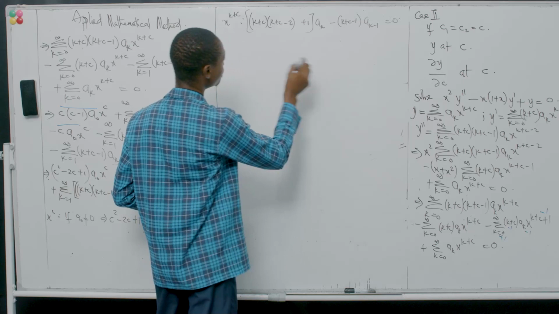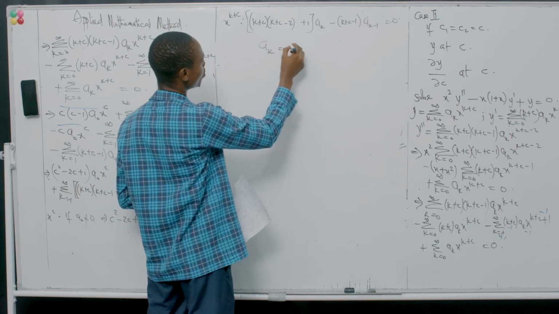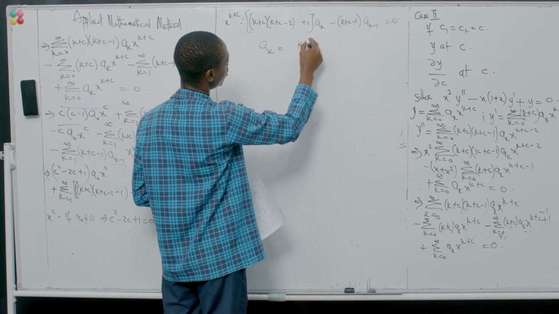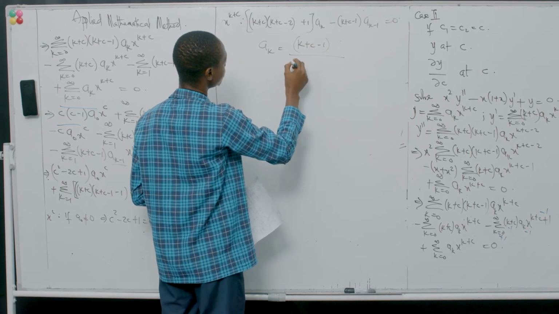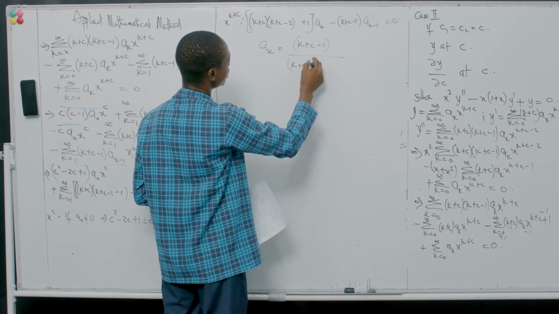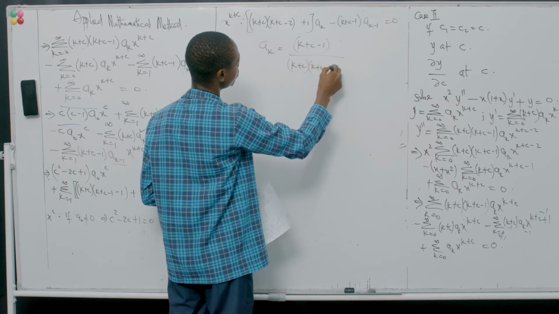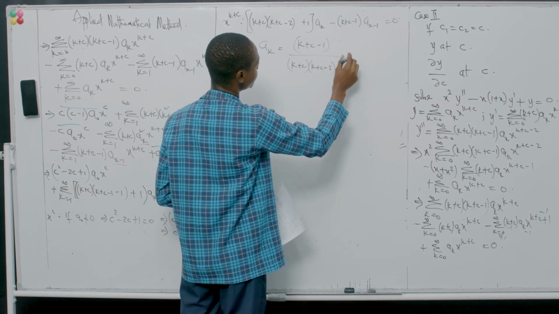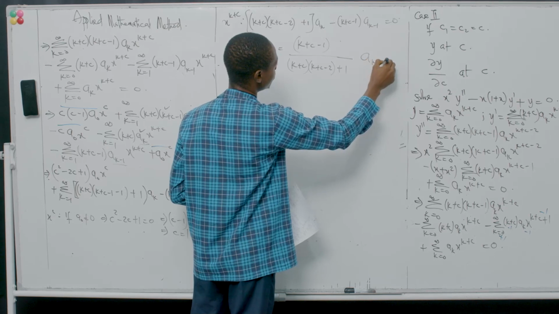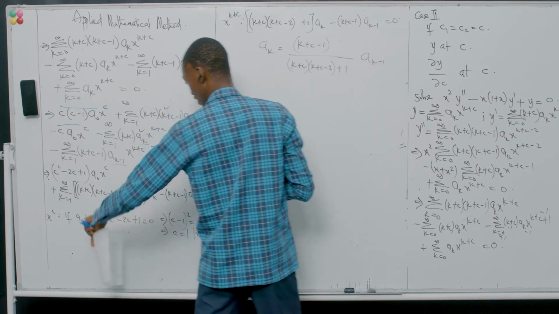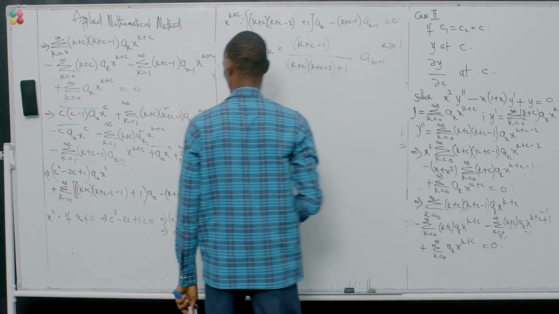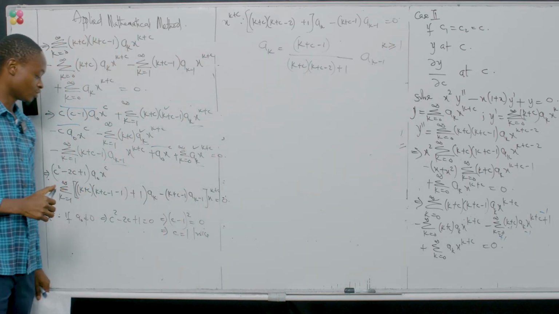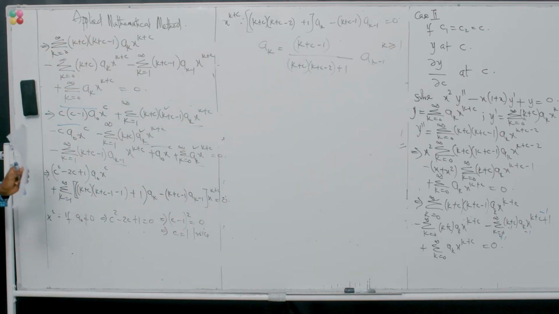Very good. Which means that a_k is equal to (k + c - 1), all divided by what? (k + c)^2 minus 2(k + c) plus 1, a_{k-1}. And of course, the counter is starting from when k is greater than or equal to 1. Very good. So we have obtained that value first and foremost.